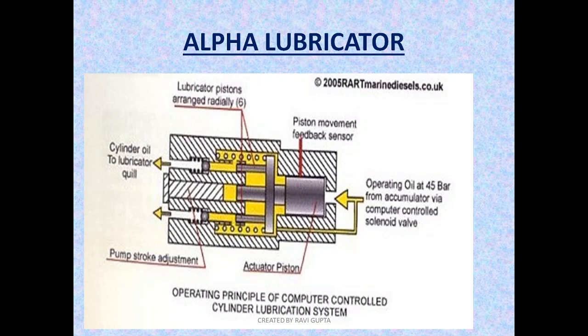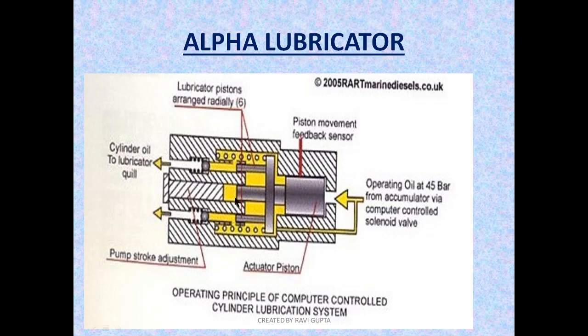Basically at lower load, more lubrication is needed because of improper combustion, and at higher load the lubrication rate is lower. So this is how, by varying the actuation of the actuator piston, we can vary the cylinder oil feed rate. Now, an adjustment screw is provided to vary the overall stroke of the piston.